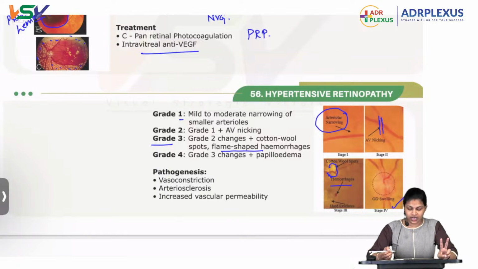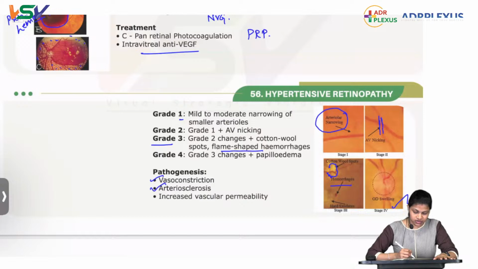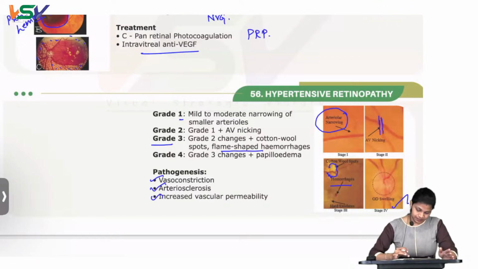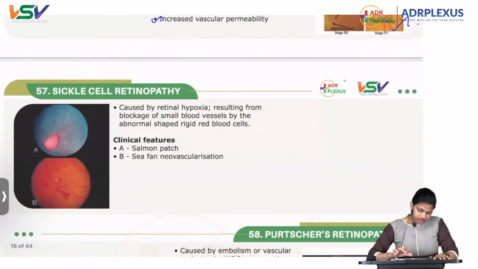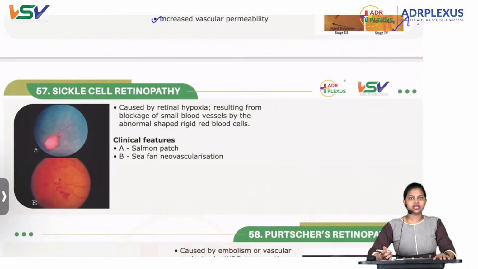Okay, AV nicking is grade 2. Grade 3 is cotton wool spots with flame shaped hemorrhages. Grade 4 is all these with optic disc edema. This is papilledema. So pathogenesis, as you already know, in hypertension it is vasoconstriction, arteriosclerosis, and increased vascular permeability. Remember all these grades.